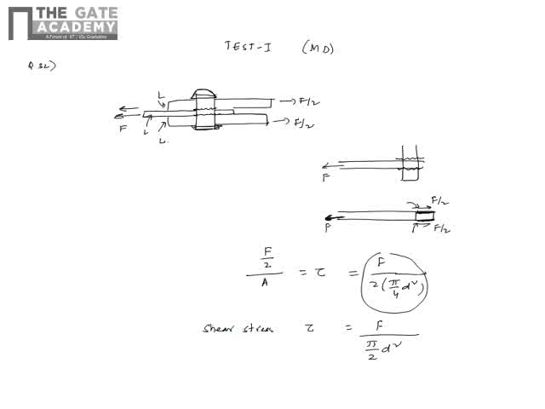Now let's come to the crushing stress. You can understand, when you apply this force F, the part of the rivet which will be in contact with the top plate will be this part, with the middle plate it will be this part, and with the bottom plate it will be this part.